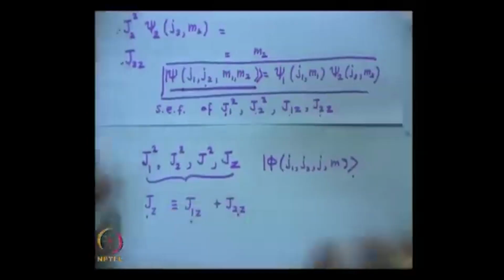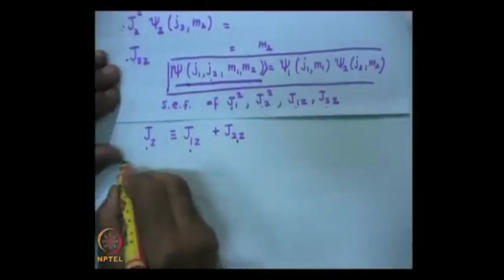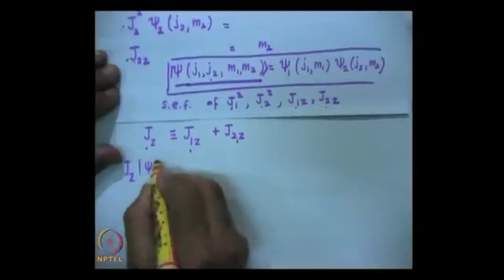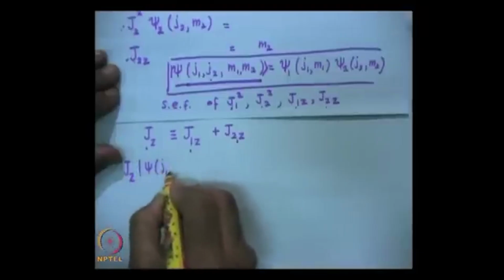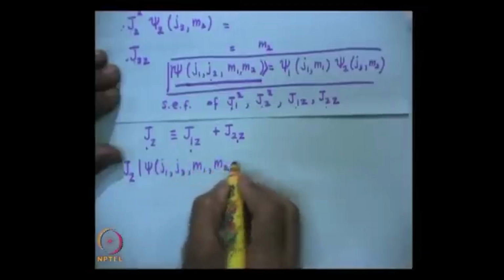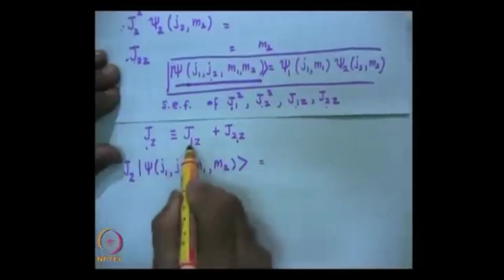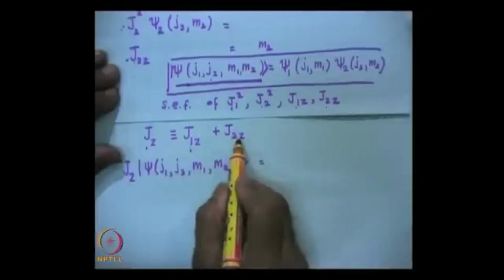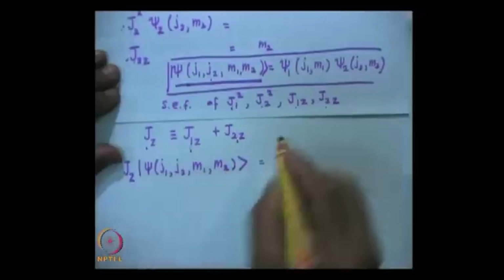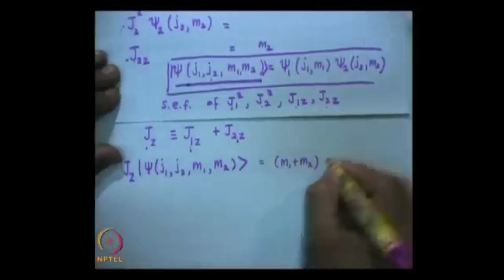So, let me write this down: Jz operating on psi J1 J2 M1 M2 is equal to J1z plus J2z. For J1z it is M1 and J2z is M2. So, this is equal to M1 plus M2 times the same ket.